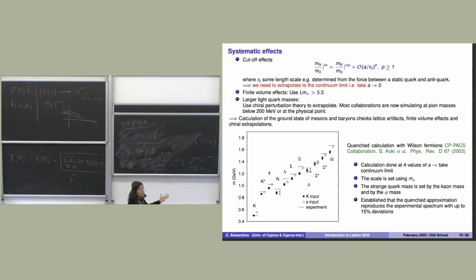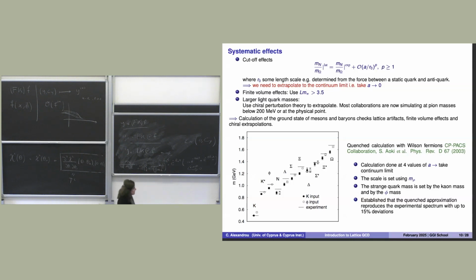And then I can compare to experiment and be sure that they should agree at the physical point, if the masses are set to the physical ones. Now, finite volumes: we use large enough volumes so that L times the smallest mass in the theory satisfies this criterion. So this I can ignore in most calculations, okay, for these quantities.